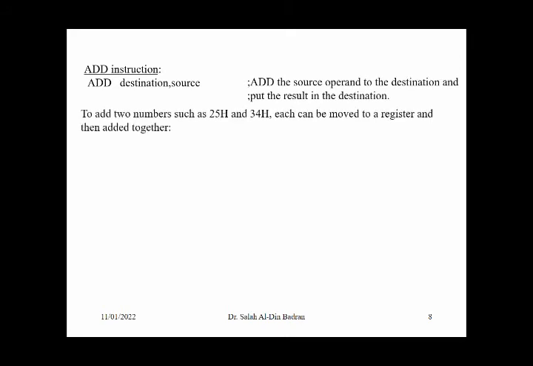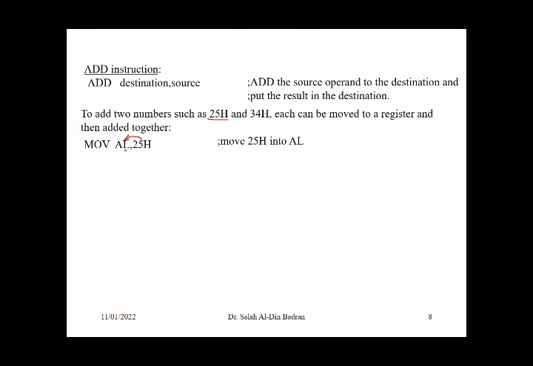Example of the ADD instruction. Say we need to add 25 in hexa to 34. We want to make an addition operation to add two hexadecimal numbers, 25 and 34. We use first the MOV instruction to move this number to this register, the accumulator register, the lower part of the accumulator.